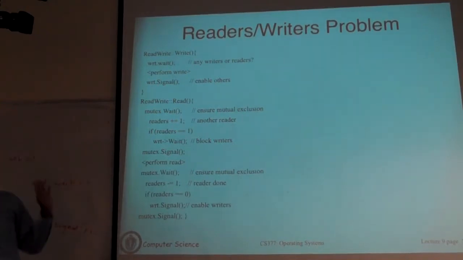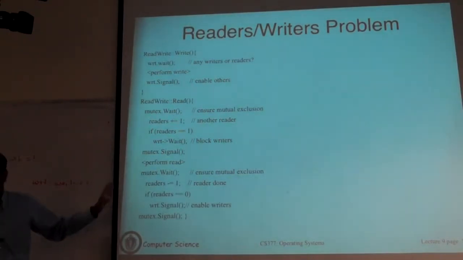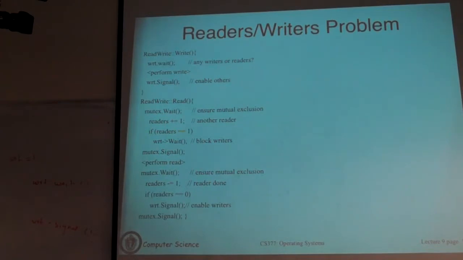So a writer will always stay blocked and cannot proceed. That's a good observation, because this solution, as we will see in the next few slides, actually favors readers over writers. More importantly, this solution has a starvation problem. If readers dominate and outnumber writers, writers will starve.